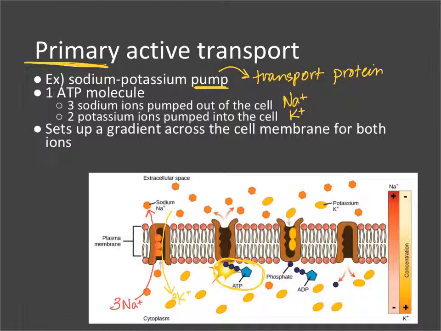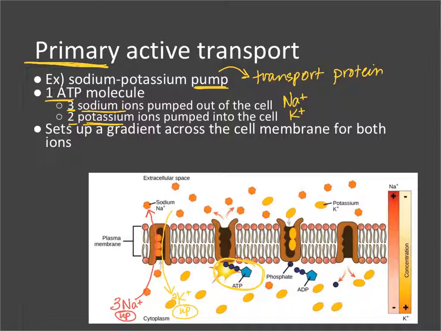So for each molecule of ATP, you're transporting 3 sodiums and 2 potassiums, but you're transporting them in opposite directions. But they are both being transported up, or against, their concentration gradient. So potassium is being transported up its own concentration gradient. Sodium is being transported up its own concentration gradient.